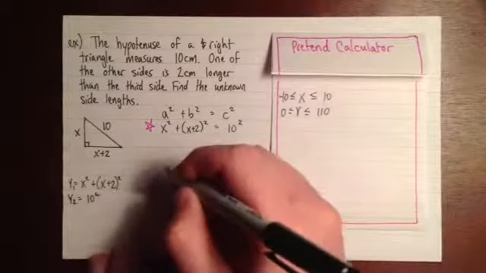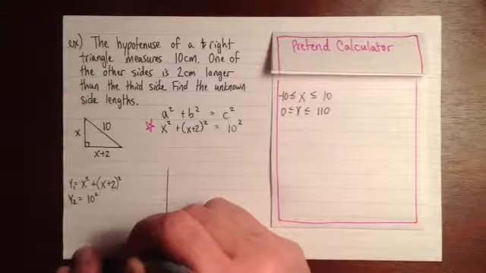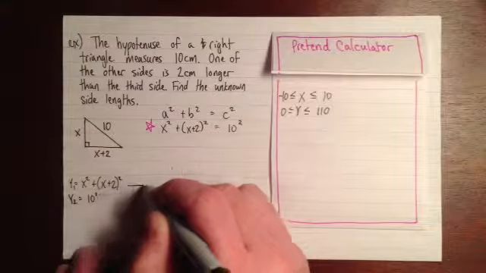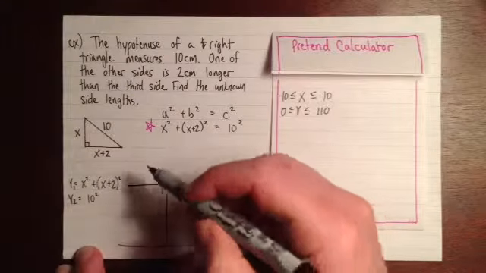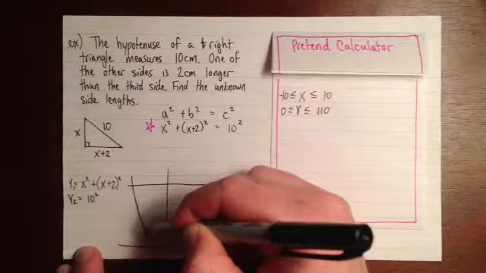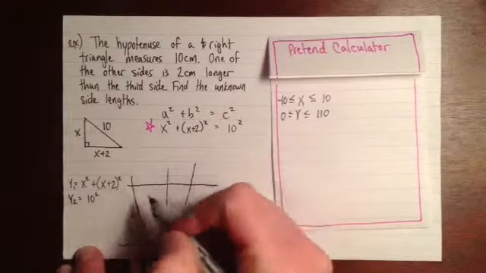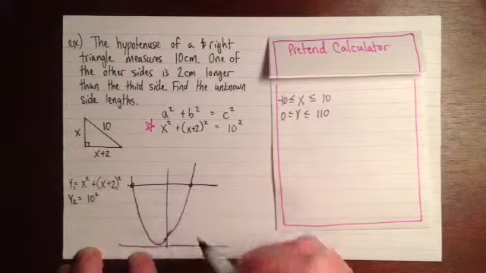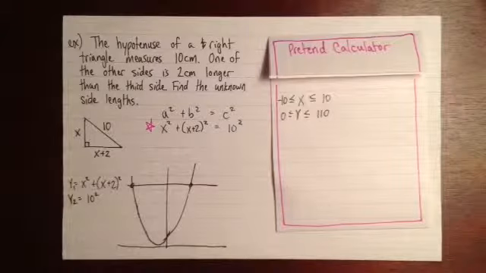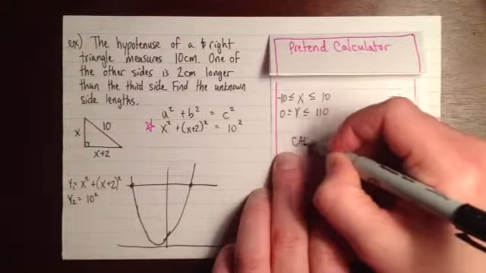Okay, when we do that, we get a graph that looks something like this. And it meets at these 2 points. So copy it the best you can. And then again, we're going to press Calc Intersect.